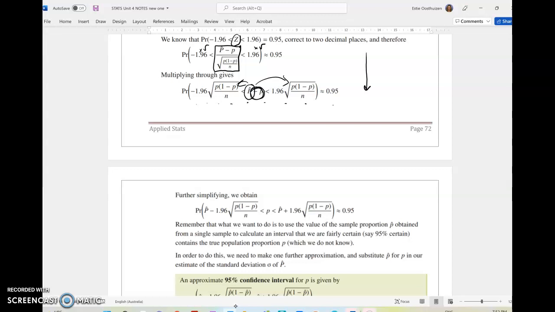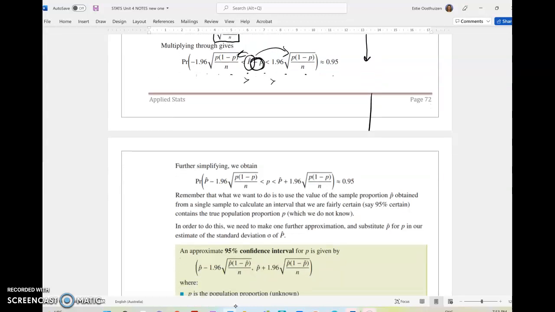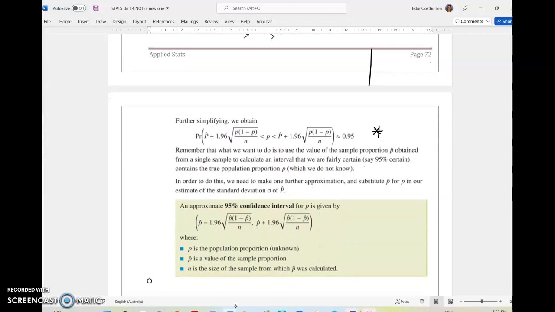And then with a negative p, we're going to multiply through this whole inequality by -1. And remember, if we multiply through by -1, the inequalities switch. All right, so you can look at that, play around, and you'll see that you end up with the following expression. So this is what is called now the confidence interval. So the probability that we'll find that population proportion between these two values over here is 95%.